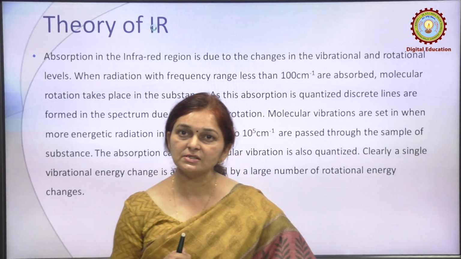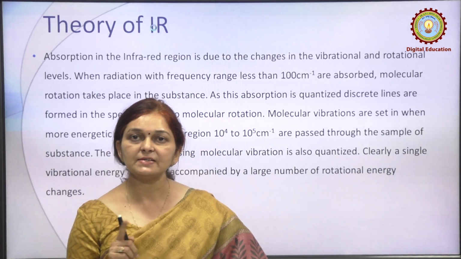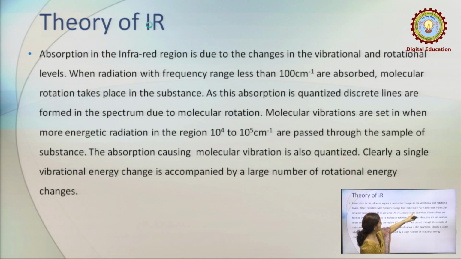When radiations with frequency range less than 100 per centimeter are absorbed, molecular rotation takes place in the substance. As the absorption is quantized, discrete lines are formed in the spectrum due to the molecular rotation.